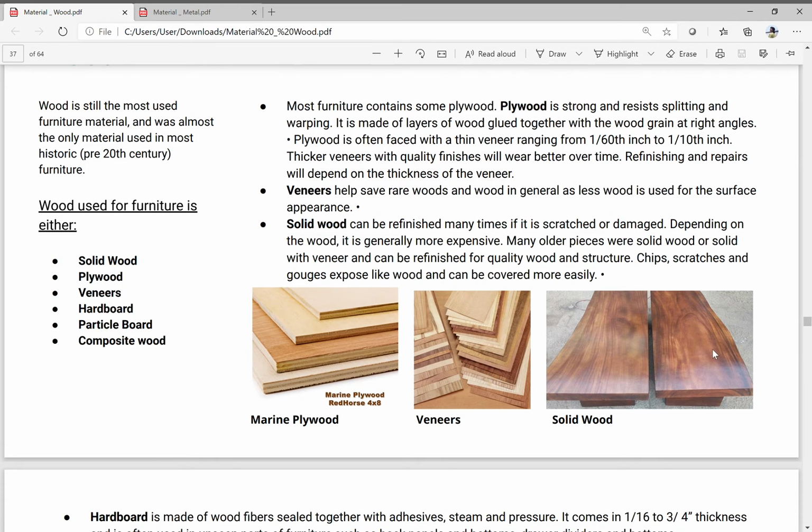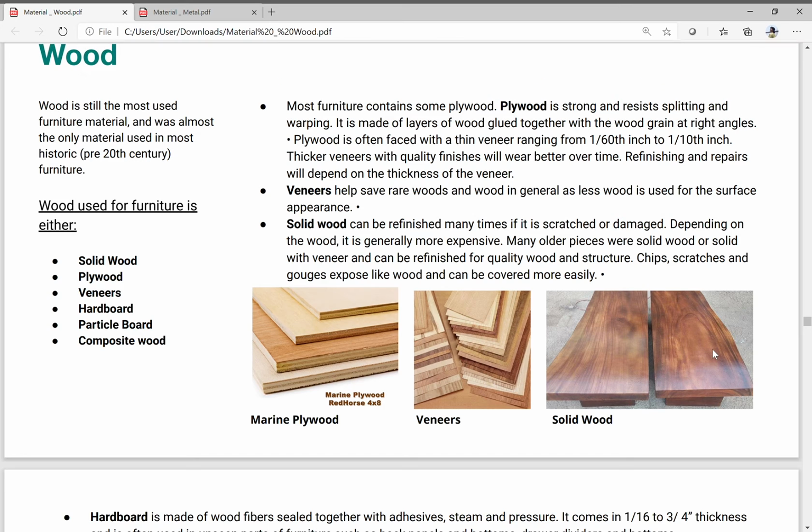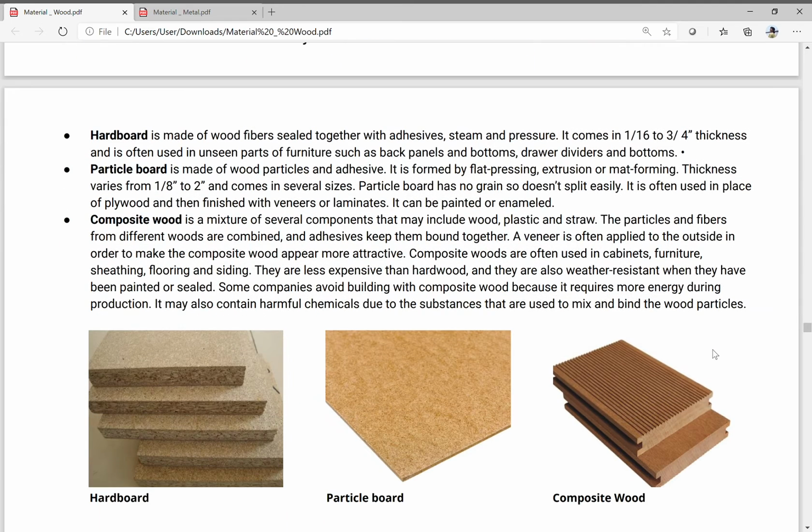And then you have your solid wood. The good thing with solid wood is it can be refinished many times, whether from scratch or damage. It would withstand a long period of time as long as it is maintained properly. And then you have your hardboard.